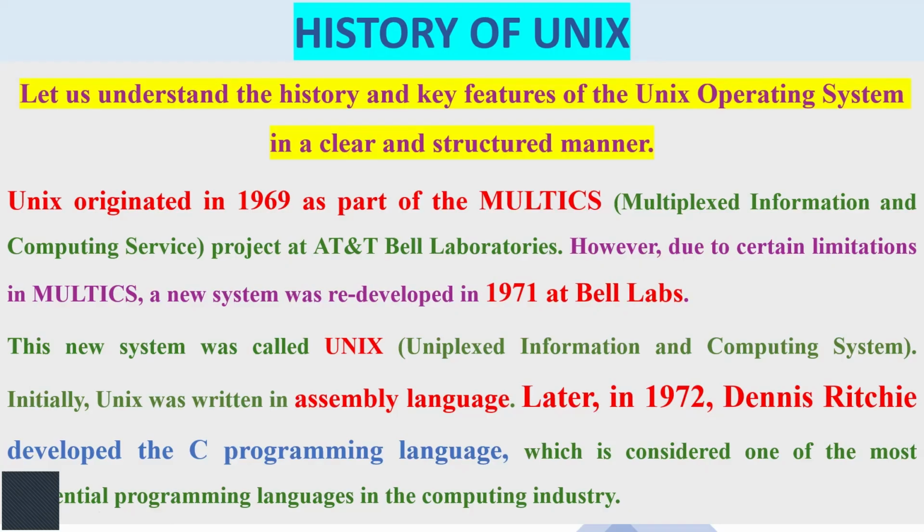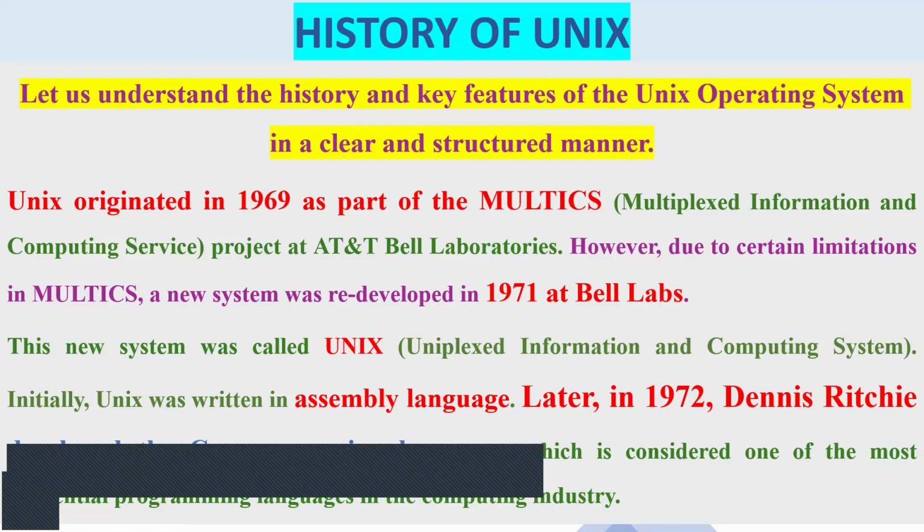Initially, Unix was written in assembly language. However, a major breakthrough came in 1972 when Dennis Ritchie developed the C programming language. Unix was later rewritten in C, making it portable, flexible, and easier to modify. This step played a very crucial role in the widespread adoption of Unix.